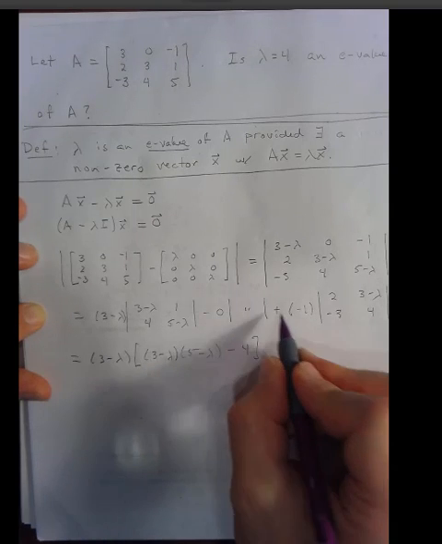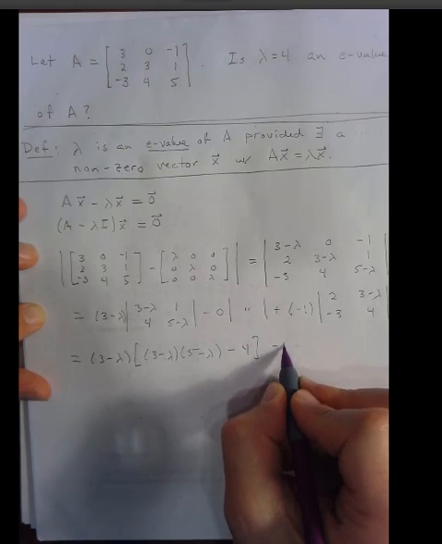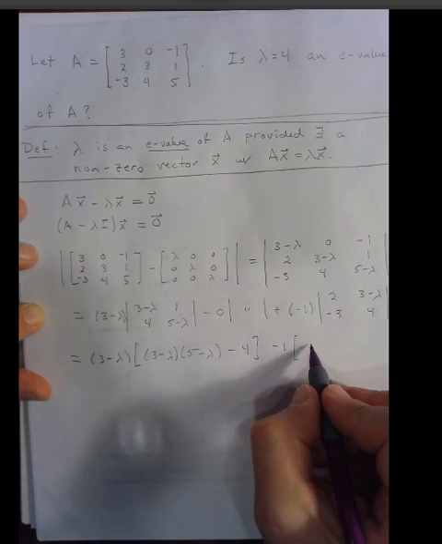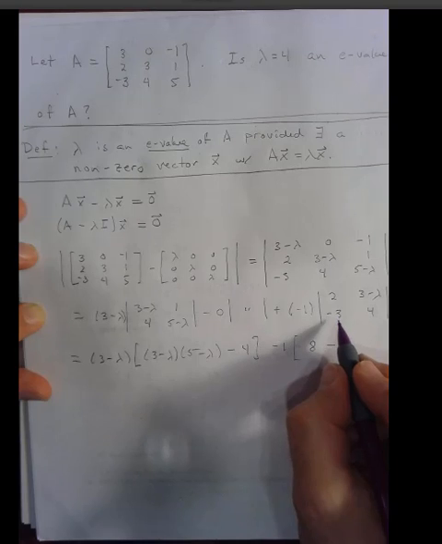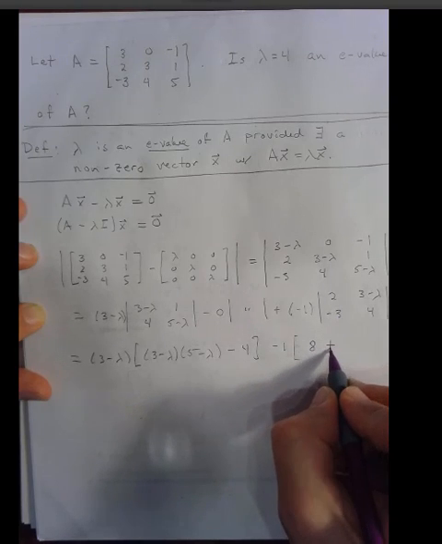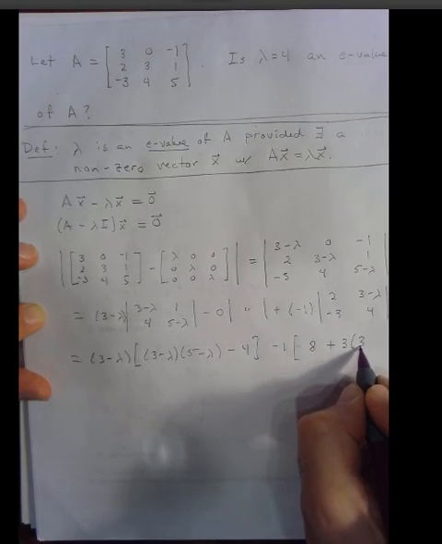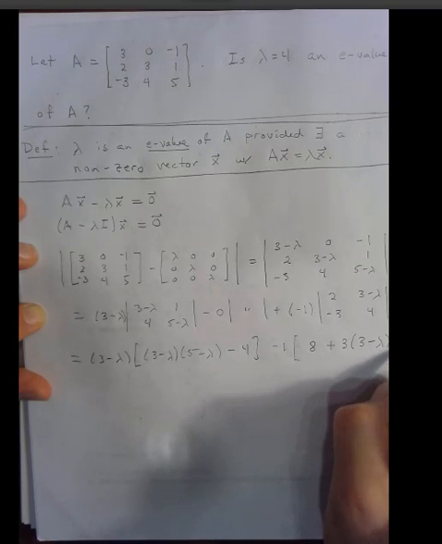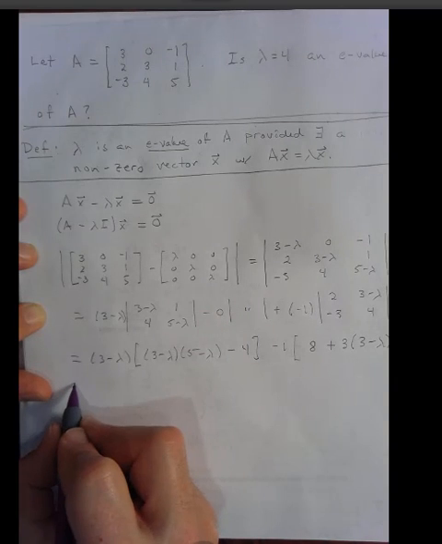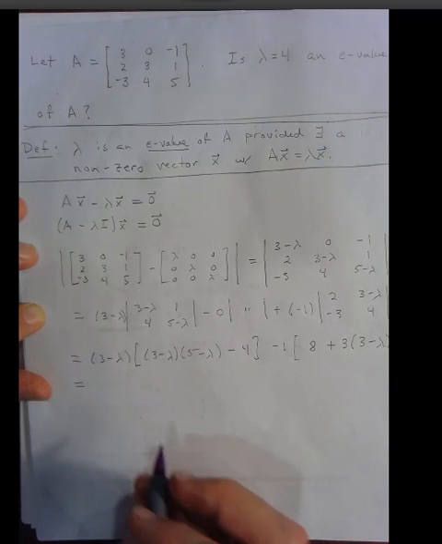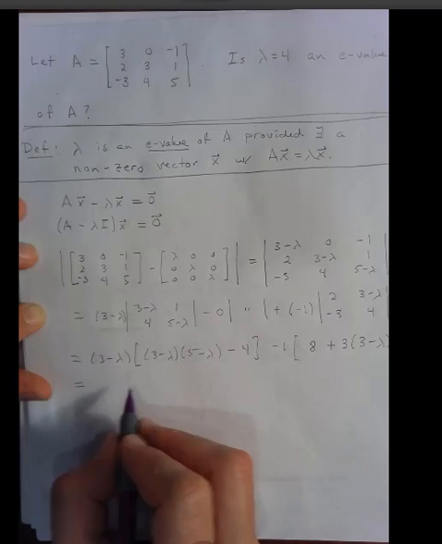I'm going to get minus 1 times 8 minus, and this will be negative 3 times 3 minus lambda. If I multiply all this out, I'm just going to get a polynomial in lambda. That's called the characteristic polynomial. So let's do that.